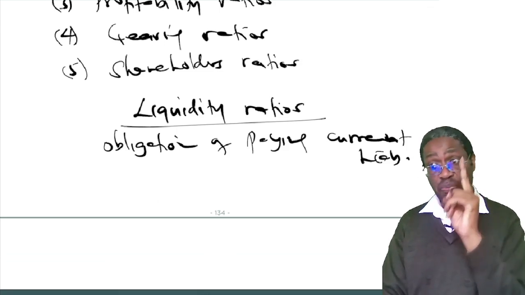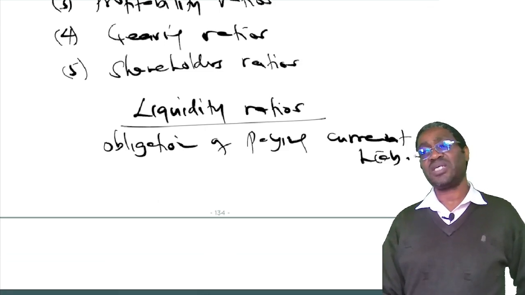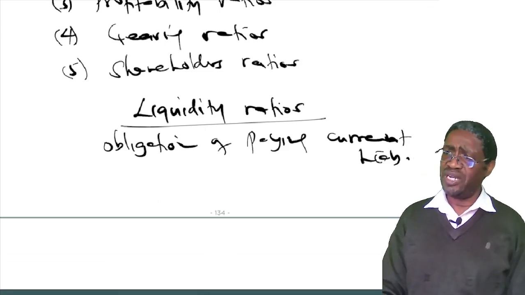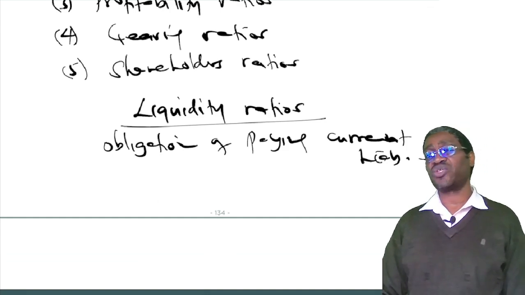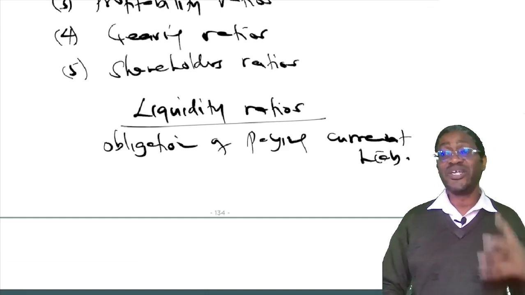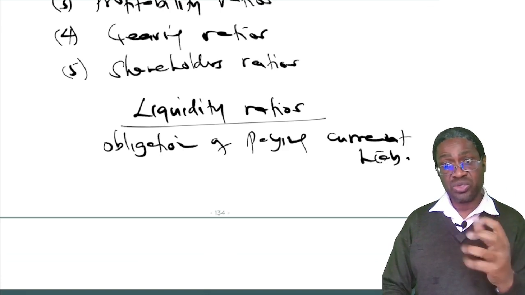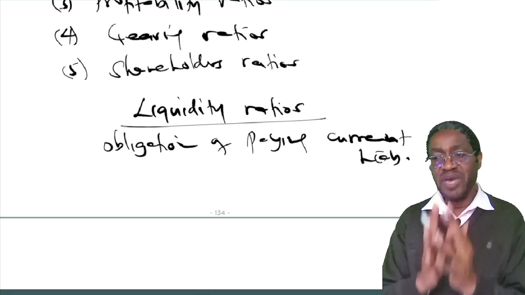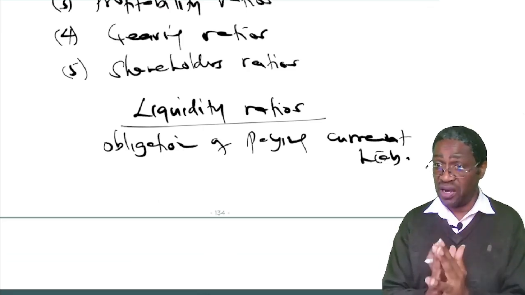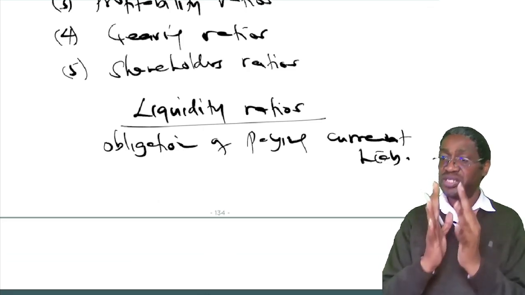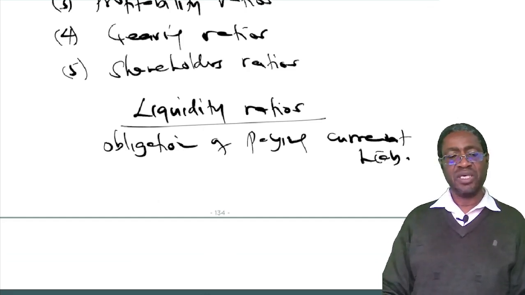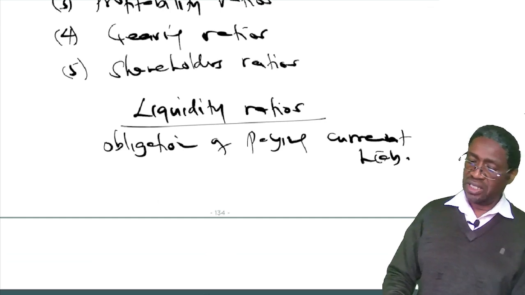Are we able to pay our current liabilities as a company? To know whether you're able to pay your current liabilities or not, you will be required to calculate what we call liquidity ratios. Listen, these liquidity ratios measure the ability of a firm in paying its current liabilities.